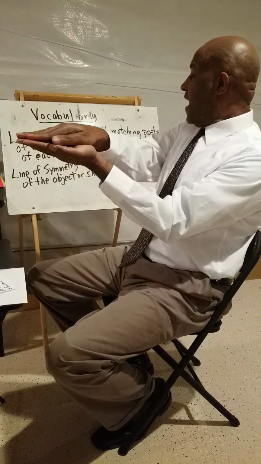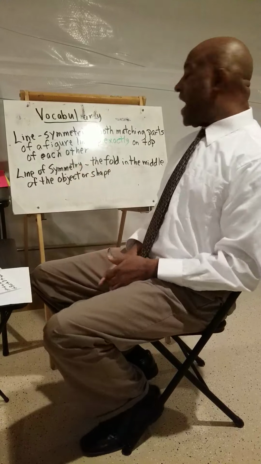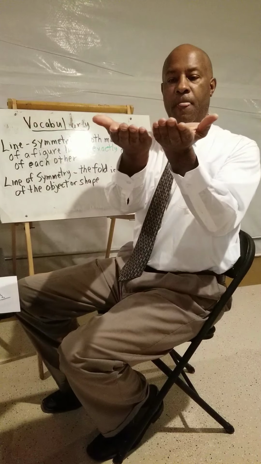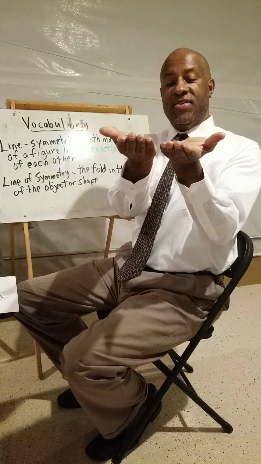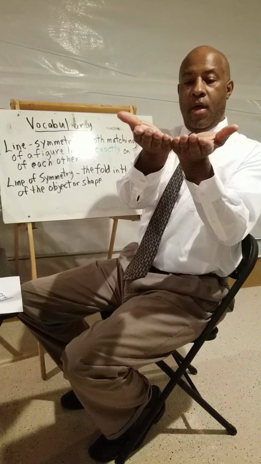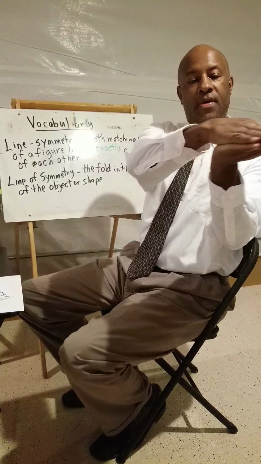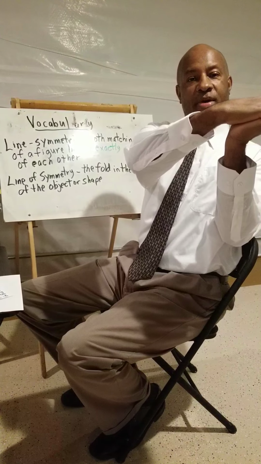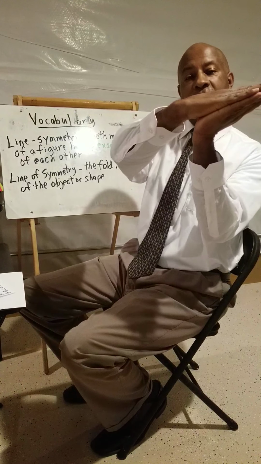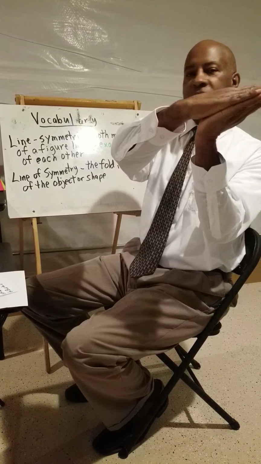Okay. Now, that line of symmetry, that fold we talk about, watch what I'm doing. In between my hands, think about this as a sandwich. In between here, when I fold it, that's that line we're talking about. That's the line of symmetry. So when you fold that bread, it's like, where'd the slices go?